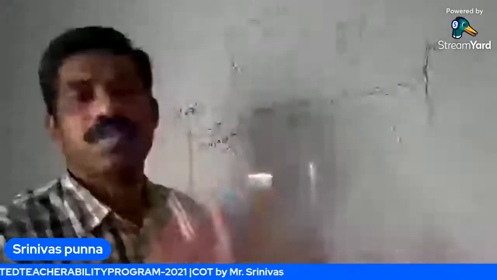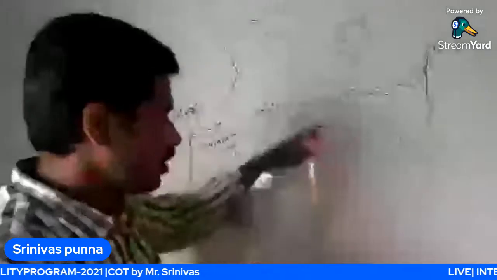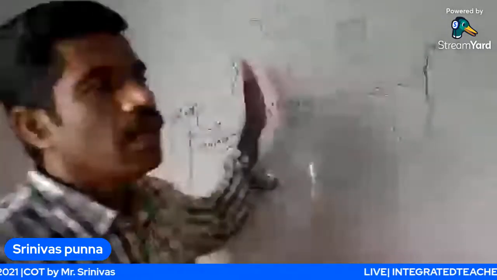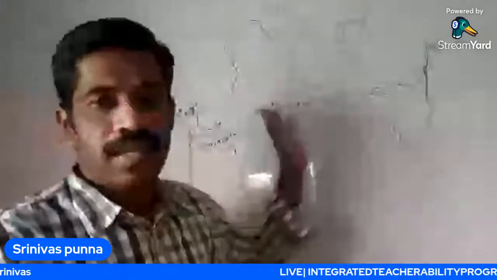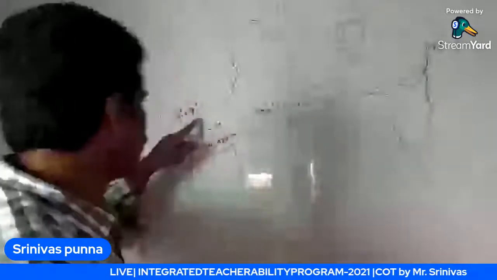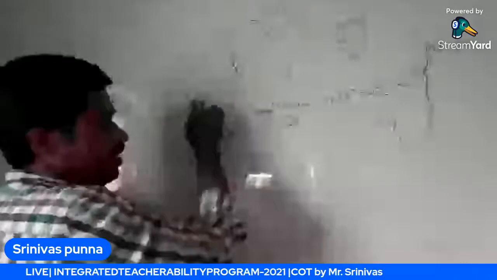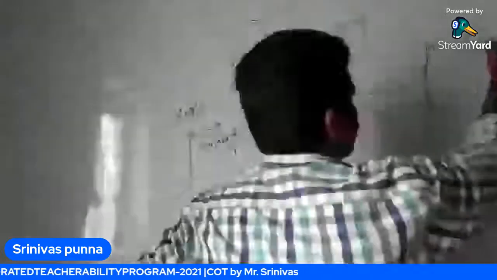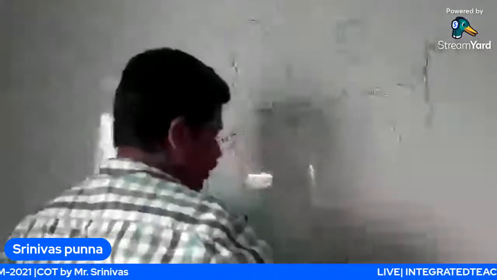India lies completely in the northern hemisphere as far as latitudes are concerned. As far as longitude is concerned, India lies in the eastern hemisphere. That's why I have written East. E indicates eastern hemisphere, and this indicates northern hemisphere.